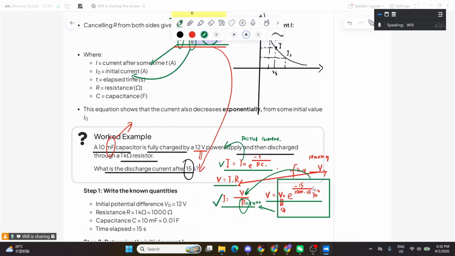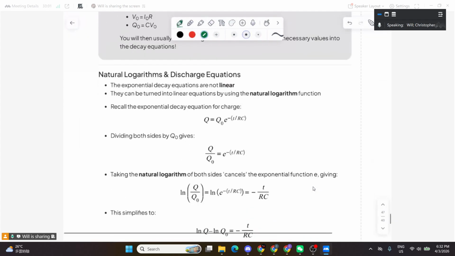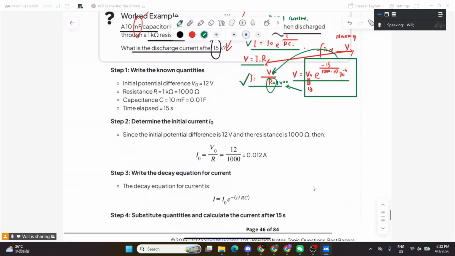Understand that? Yes, I understand. And here is the formula. Look at this one.